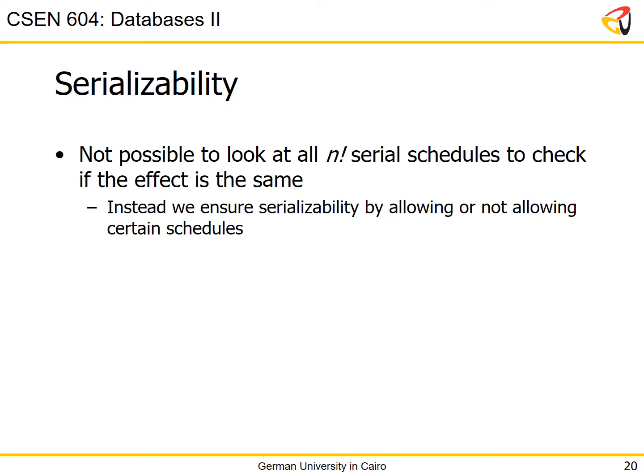Obviously, it is not computationally efficient to scramble the reads and writes and then evaluate the impact on the database of all the n factorial serial schedules, and see if this specific scrambling matches any one of the serial schedules' effects, and if so, accept this schedule as being serializable.